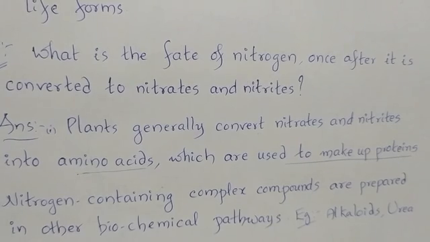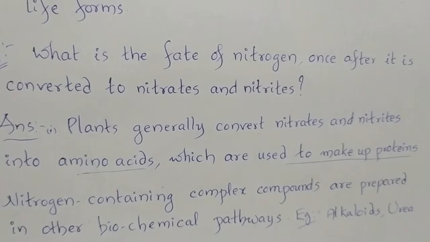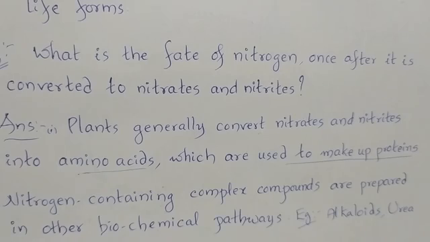First, initially what happened? Using nitrates and nitrites, amino acids are formed. And these amino acids are utilized to prepare proteins. Next, in some other biochemical pathways, nitrogen containing complex compounds are prepared using nitrates and nitrites.